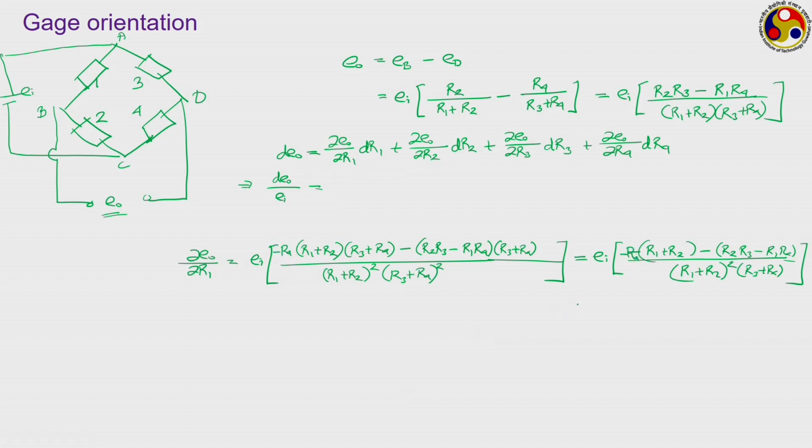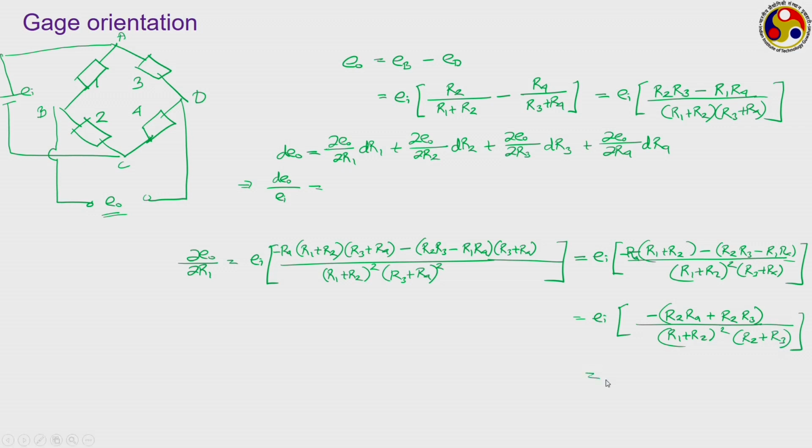So, if we simplify this, minus R1 R4 cancels out. So, we have EI into, in the numerator, R1 plus minus R1 R4 cancels out, and we have minus of R2 R4 plus R2 R3, because R1 R4 cancels out, by R1 plus R2 whole square, R2 plus R3.